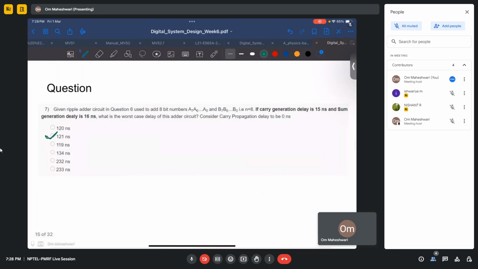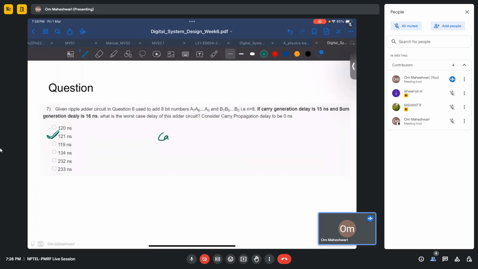Right. So for carry will be same, 15 into 8, that is 120. For sum, it will become 15 into 7 plus the only thing different is 16. It's 121. So now the answer, the maximum propagation delay is 121 nanoseconds.